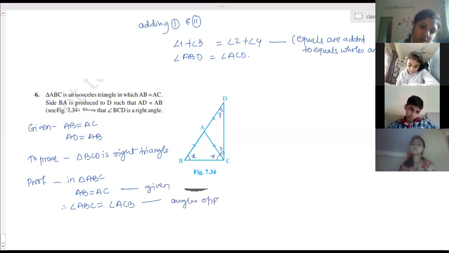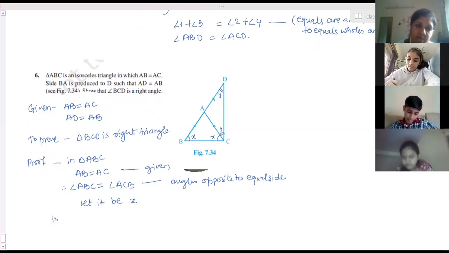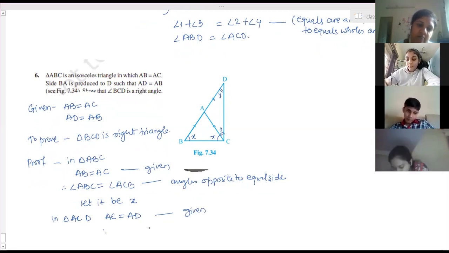Angles opposite to equal sides. So let it be X. Then in triangle ACD, AC is equal to AD. So therefore angle ACD is equal to angle ADC. Angles opposite to equal sides.